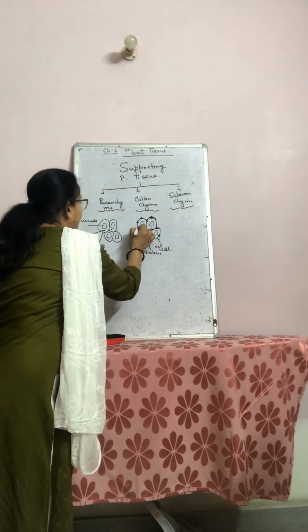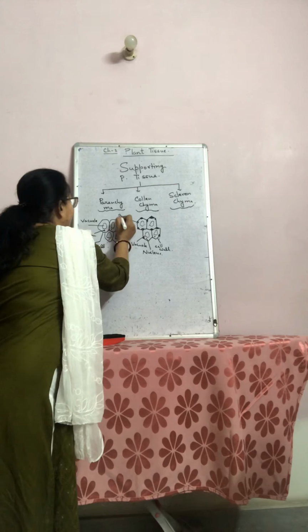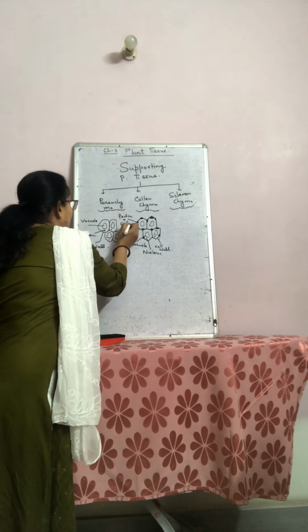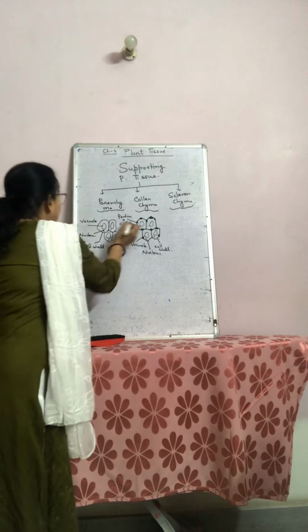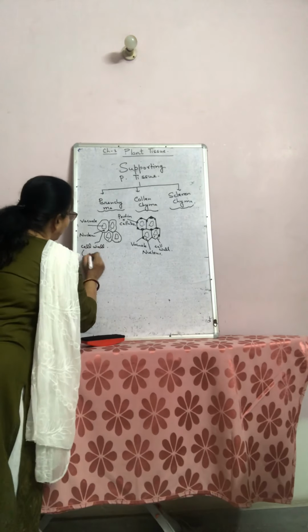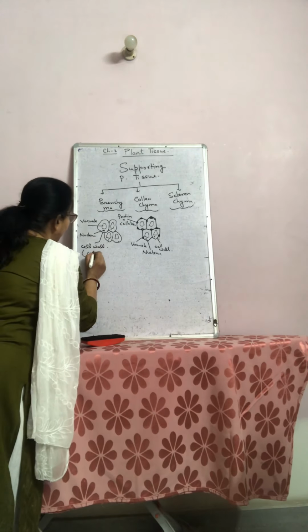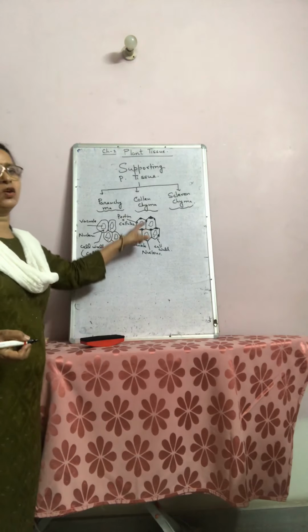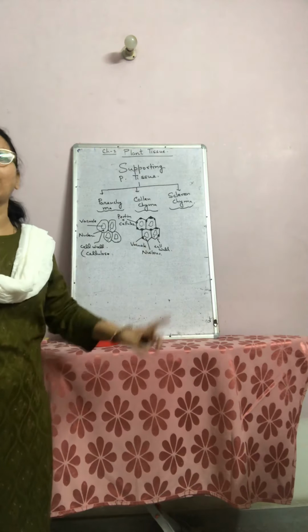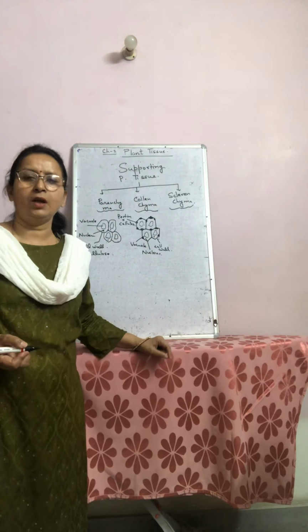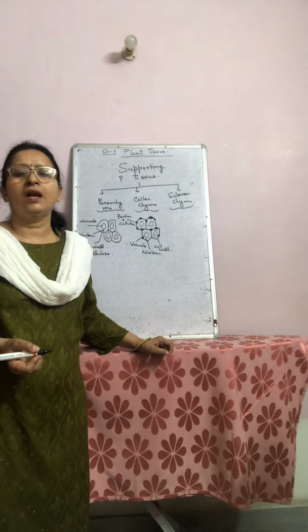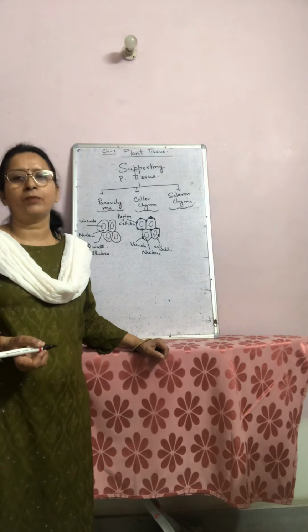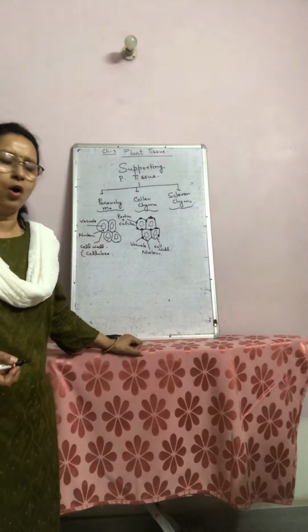This one is pectin, this one is pectin plus cellulose. But when you see the cell wall of parenchyma, it consists only of cellulose. In collenchyma, the cell wall also consists of cellulose, but along with cellulose, at each corner there is deposition of pectin also.